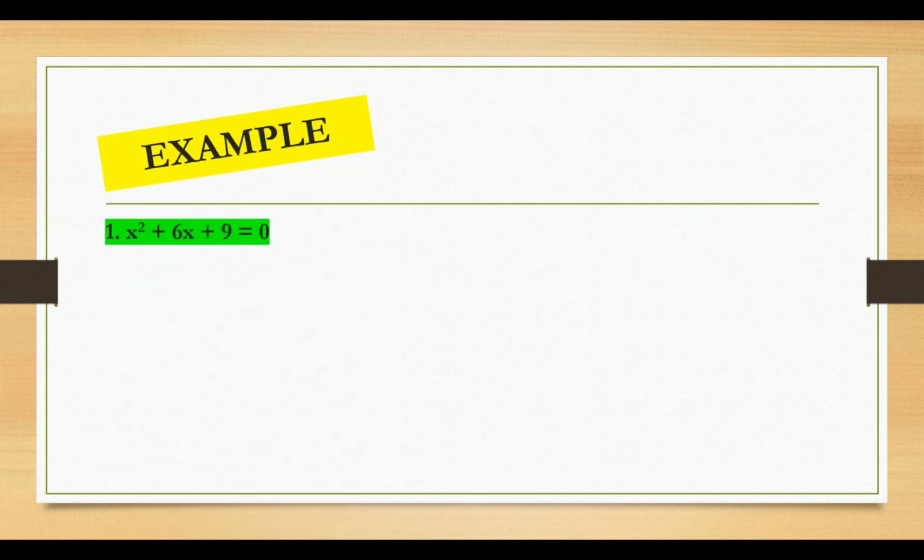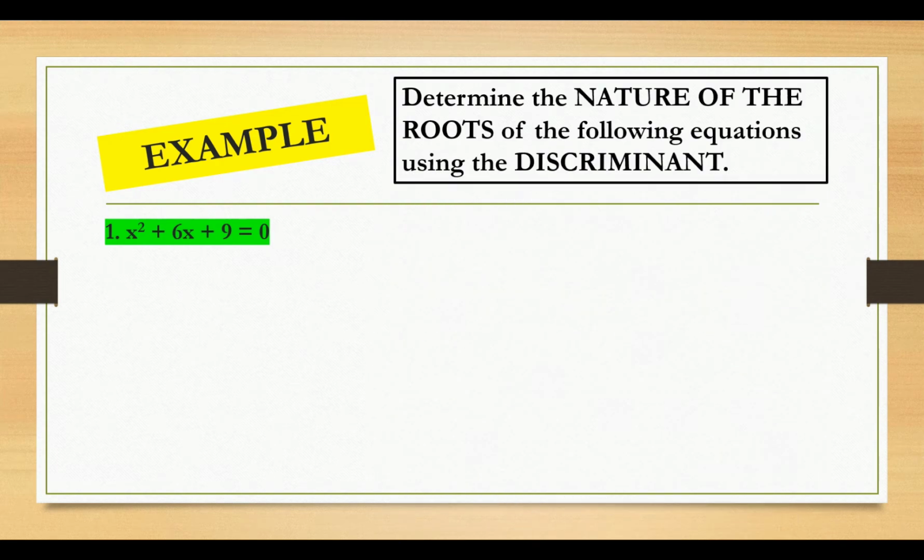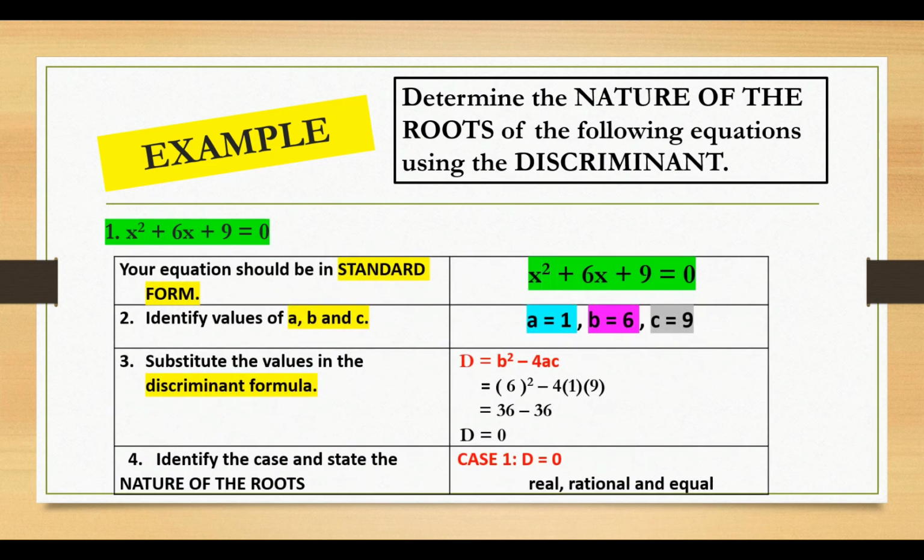So let me show you examples on how we are going to identify the nature of the roots using the discriminant. Example 1, we have the equation x squared plus 6x plus 9 equals 0. We are going to determine the nature of the roots of the following equations using the discriminant. You just need to follow the 4 steps.